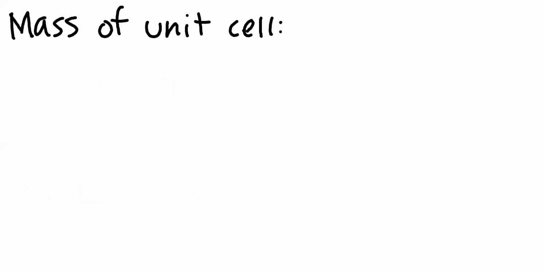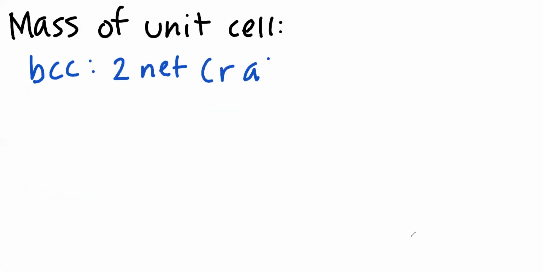So for the mass of the unit cell, we know that this is a BCC crystal. And for body-centered cubic, within the boundaries of the unit cell, there are two net atoms. In this case, two net chromium atoms in a unit cell.